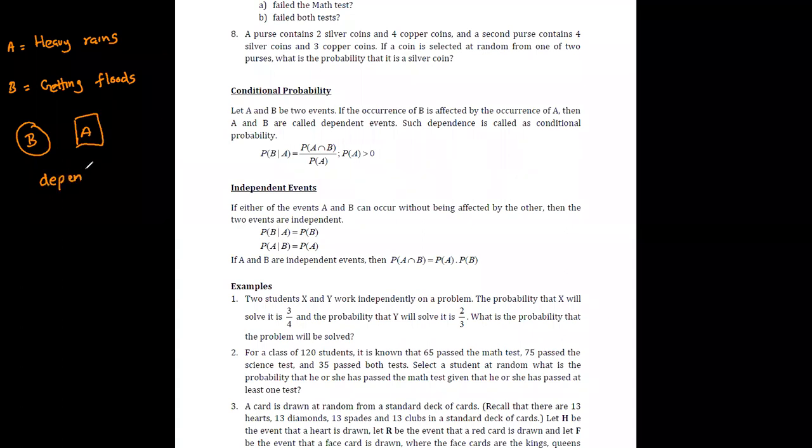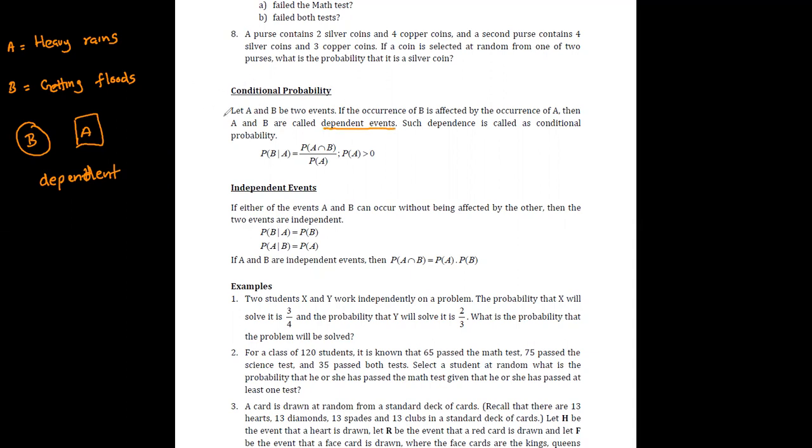It is because one event is affected by the other event, or else one event depends on the other event. Therefore, such events are said to be dependent events.